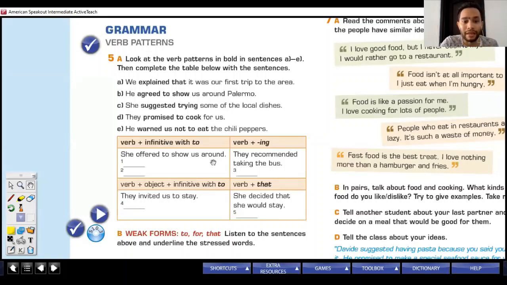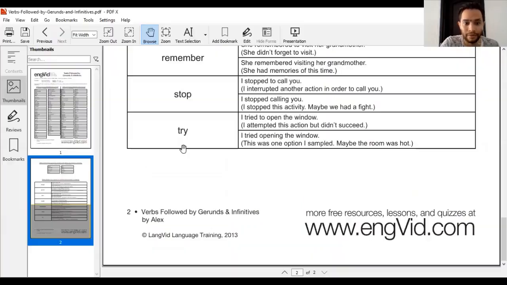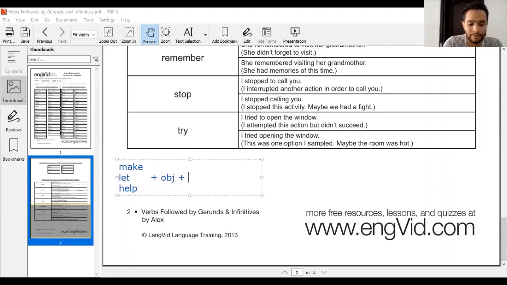What it uses instead, let me go back to the slide. Well, it follows the structure that I wrote: bare infinitive. Can you guys tell me what is bare infinitive? Do you know what bare infinitive is, guys? Object plus bare infinitive.